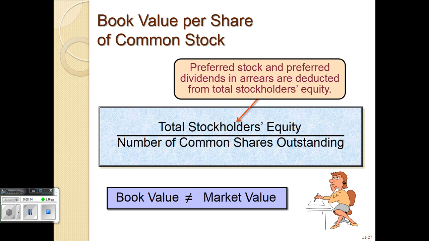So we only have the common stockholders' equity divided by the number of common shares outstanding, and that'll tell us what our book value is. And the way to interpret that is it's what it's on our books for. Okay, it will almost never equal market value. In fact, the market value will almost always be higher than the book value. But that's how you figure out the book value.